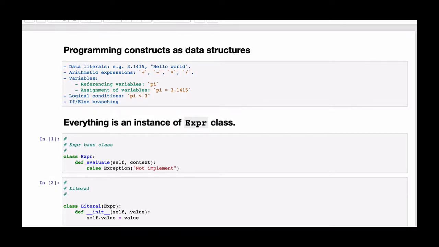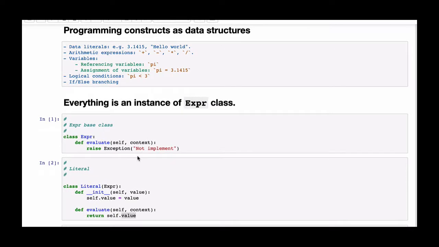So the first thing I would like to do is to be able to render the data structures that we construct as strings. This would greatly help us debug any programming error that we might run into.